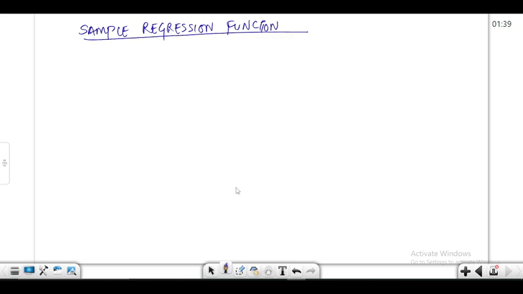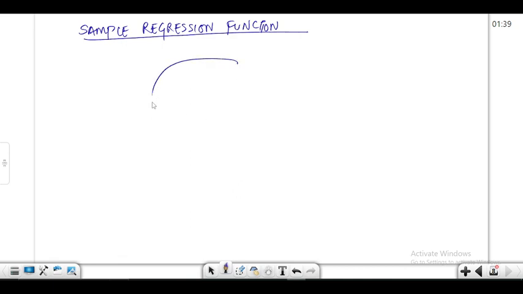Here we'll talk about the sample regression function and how it is the most useful thing for us while regressing any relationship, or while estimating the parameters of any population, because as we had talked about in the previous video, it's very hard to compute data for the entire population, so we have to deal with samples.